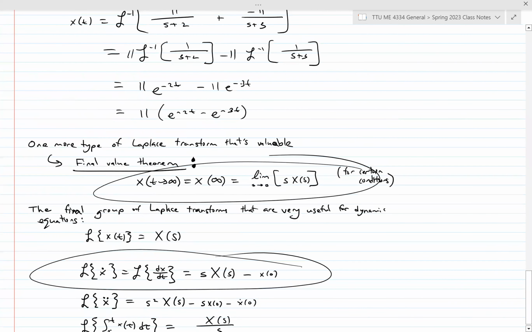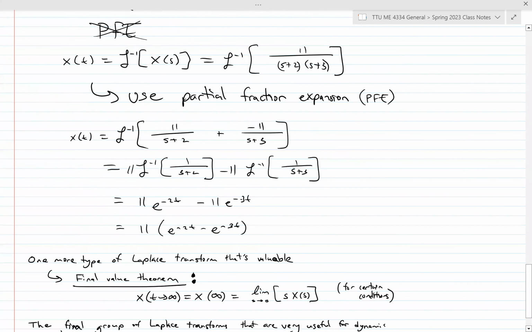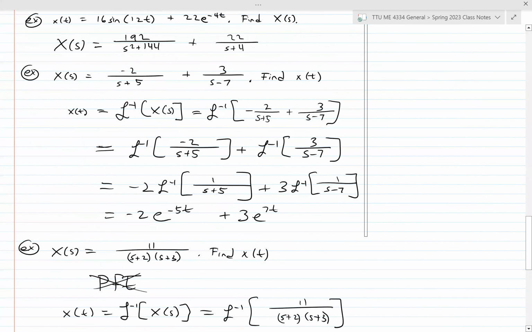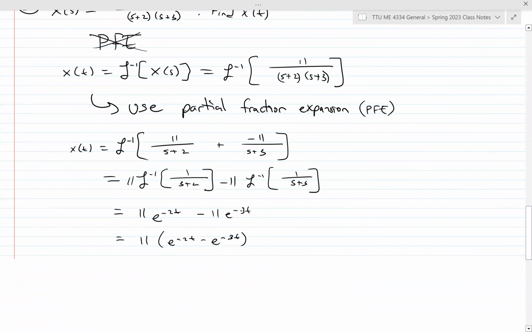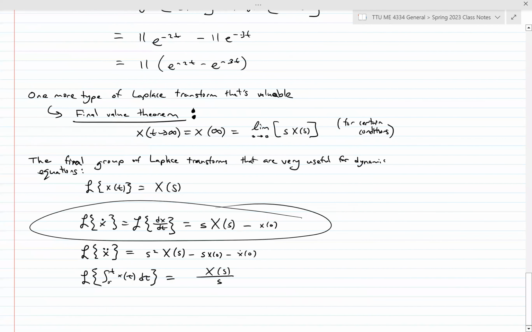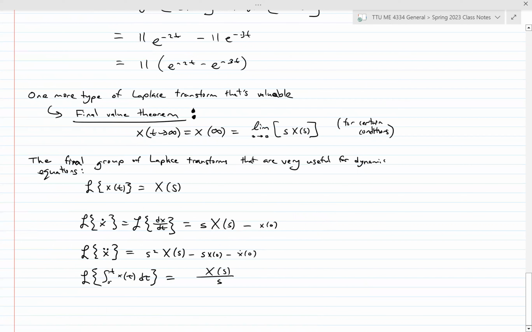I would definitely know the final value theorem as well, and for sure these guys right here. They will be very common, so you might as well just learn to use them now. This second one here isn't a bad idea either, and this one will come up in the last half of this class or so.